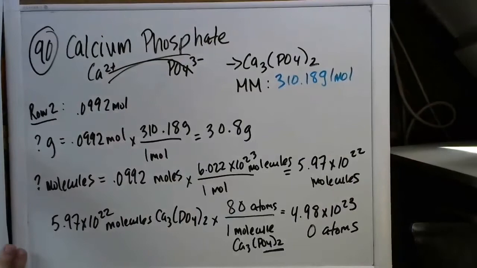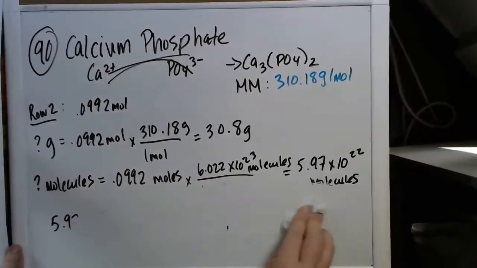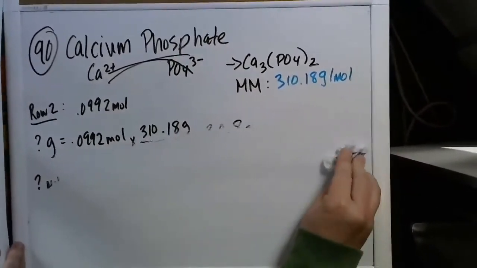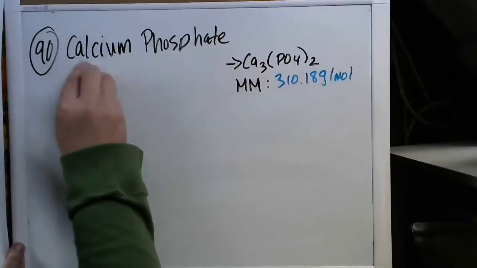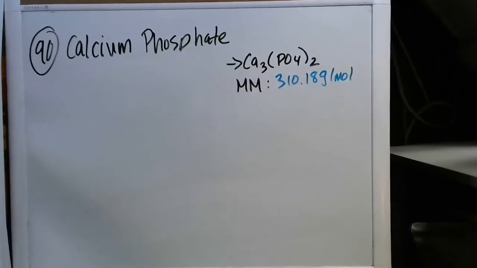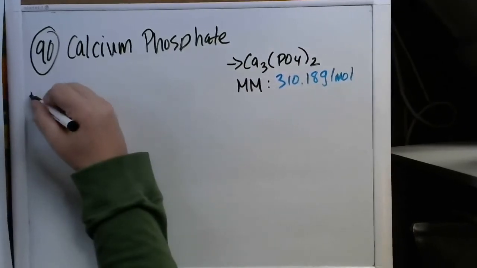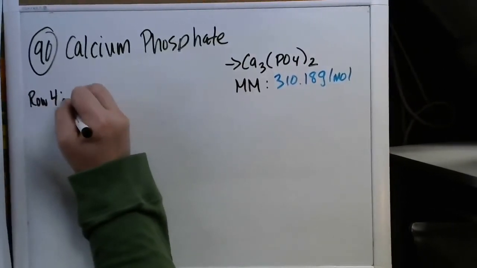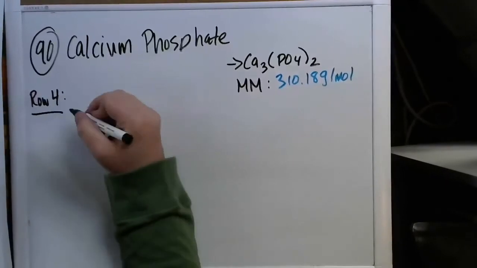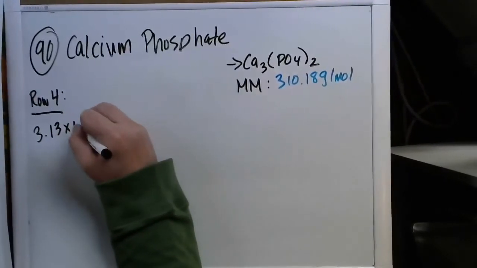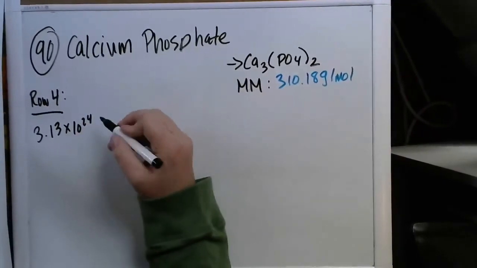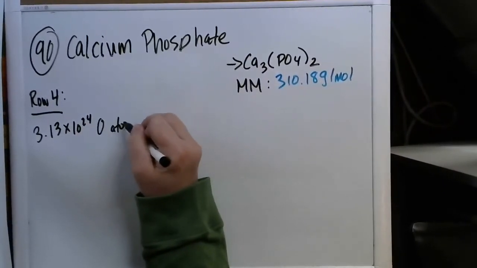So we'll try one more and then we will call it a day. So we'll look at row 4. So this is a row we're working backwards, because in this case, we're starting with the number of oxygen atoms. Okay. So we have 3.13 times 10 to the 24 oxygen atoms.